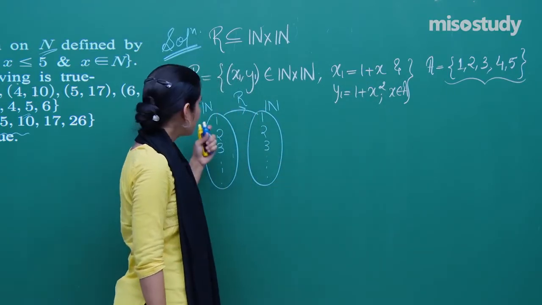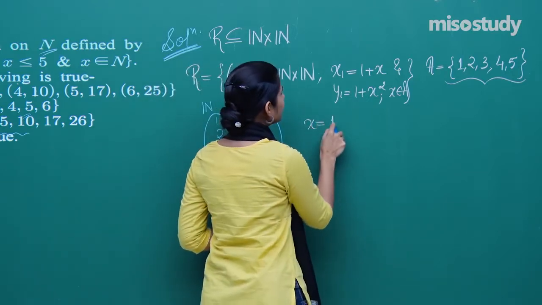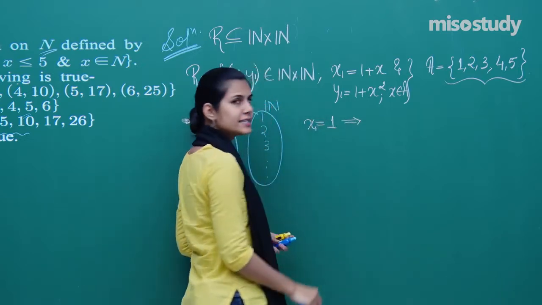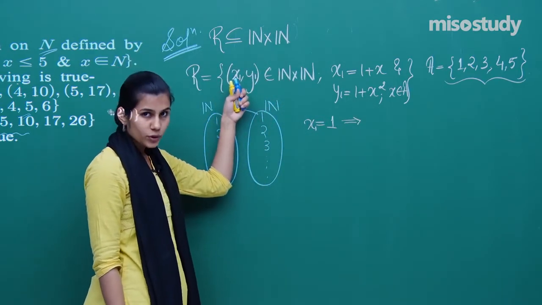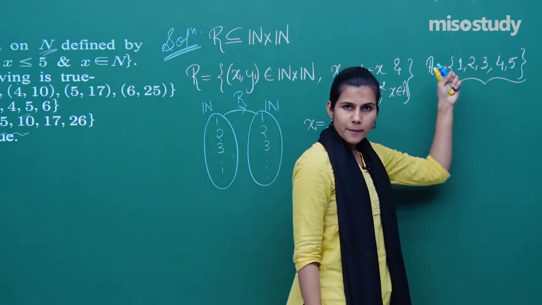So let's start with the first natural number. If x is equal to 1, or I should say x1 is equal to 1, because x is reserved for these 5 members.